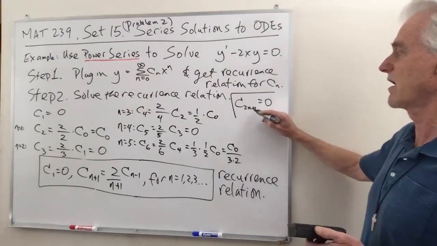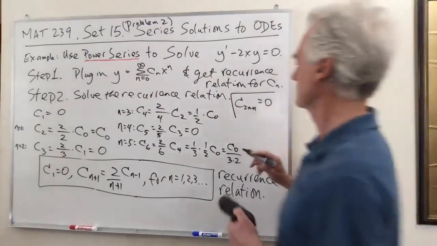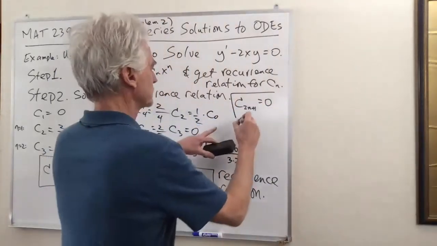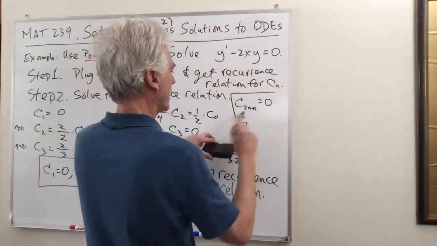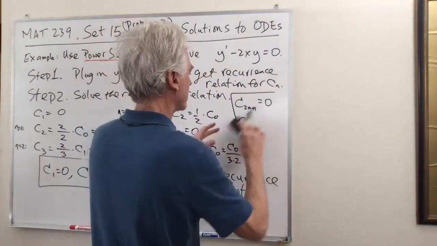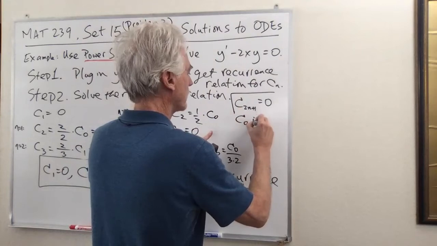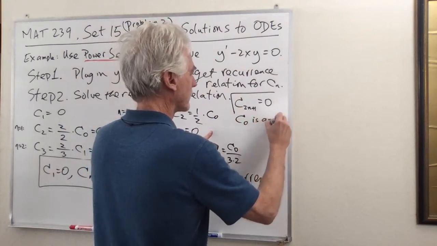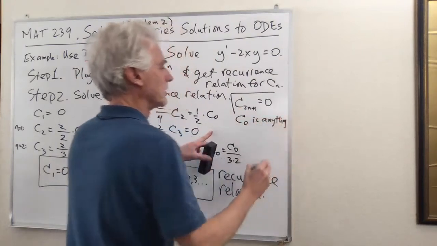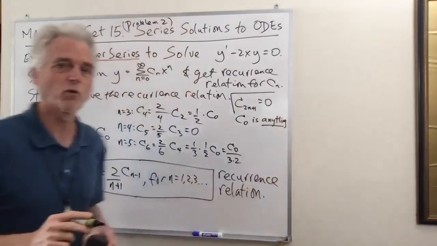And then what about the even n's? Well, let's just recall we have C0 is anything. C0 is anything, and that's kind of an important thing.